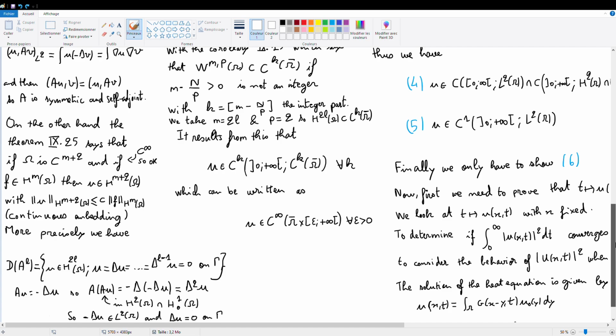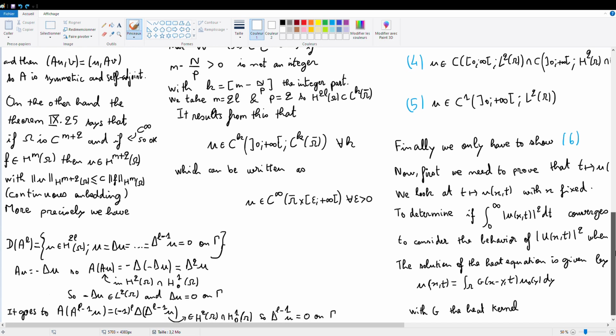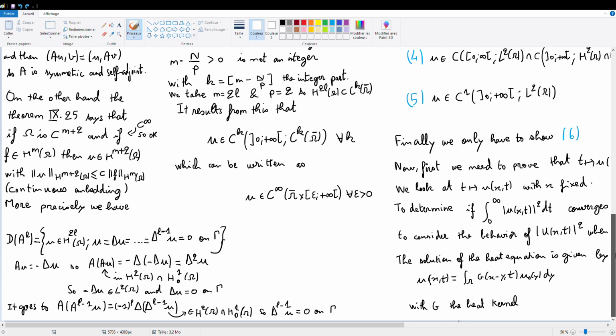More precisely, we have D of A^l is equal to the U in H^(2l) of omega such that U equals Laplacian of U equals Laplacian^(l-1) of U equals 0 on the boundary, because A of U is minus Laplacian of U.